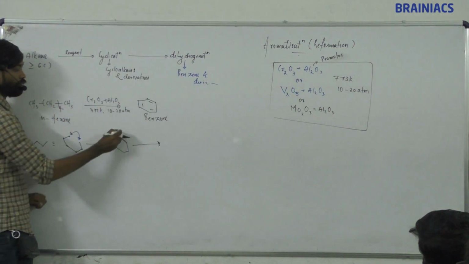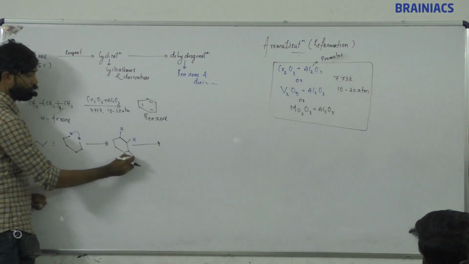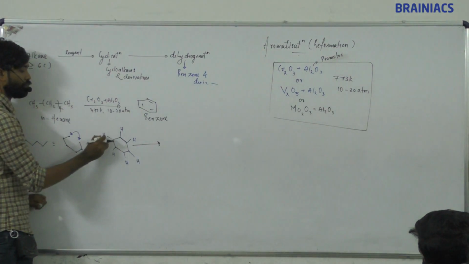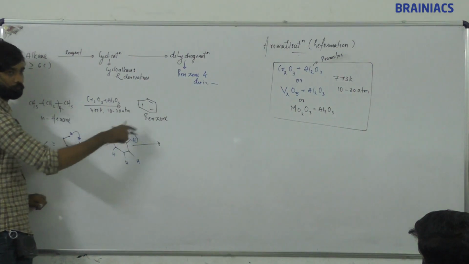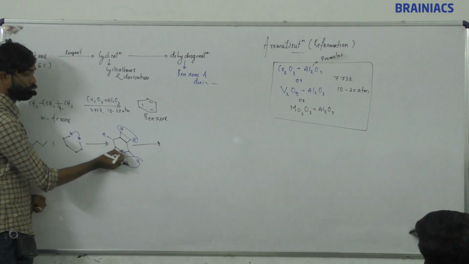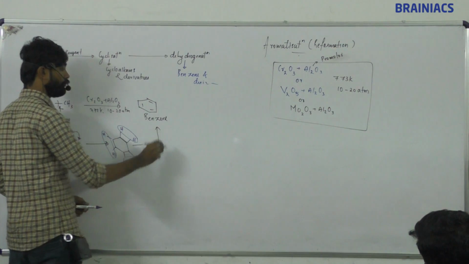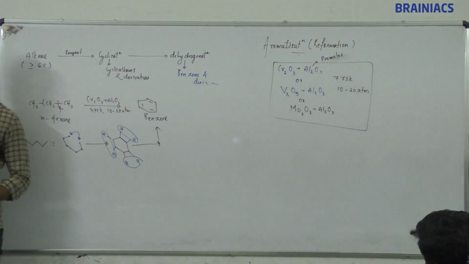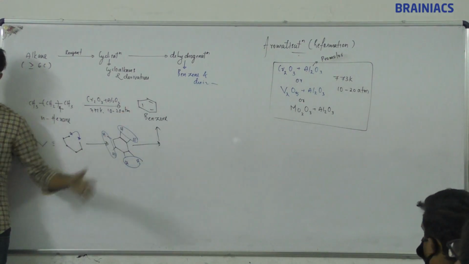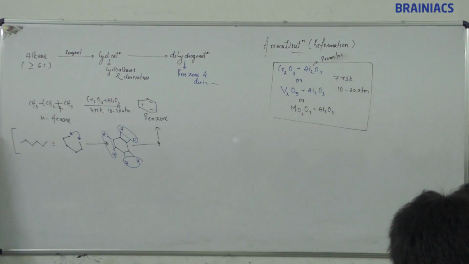Dehydrogenation means we know that each corner has 2 hydrogens, right? So let me show the single hydrogens at each corner. Hydrogen removed forms a double bond. Here also removed, forms another. So it becomes benzene. I'll give you 2 more examples, and this is the logic: cyclization followed by dehydrogenation.